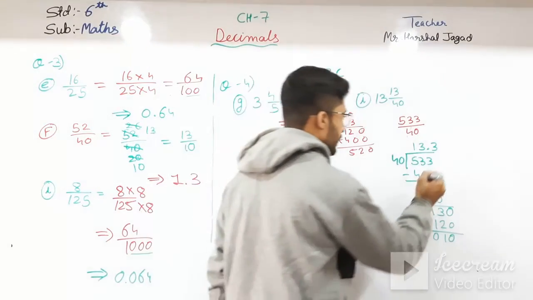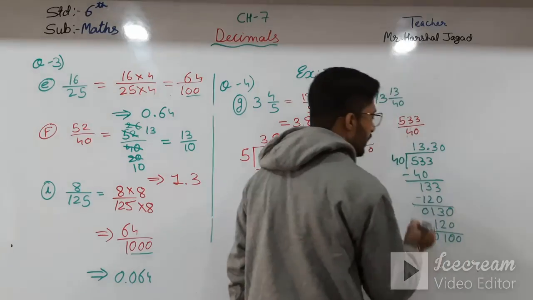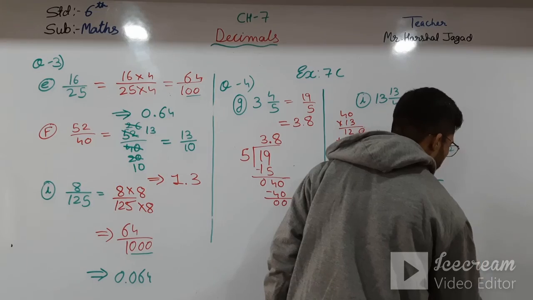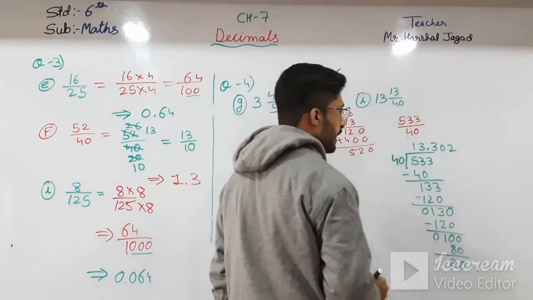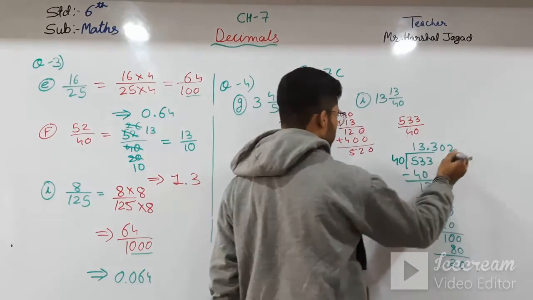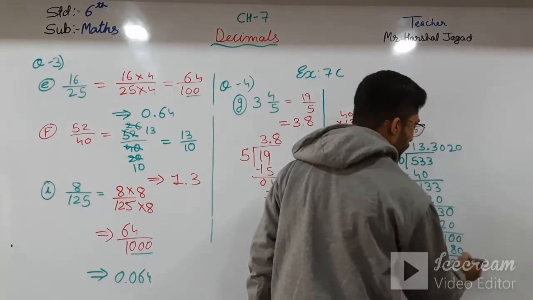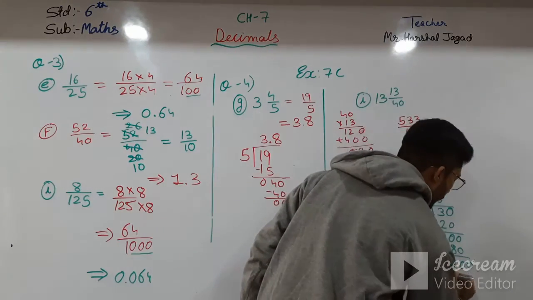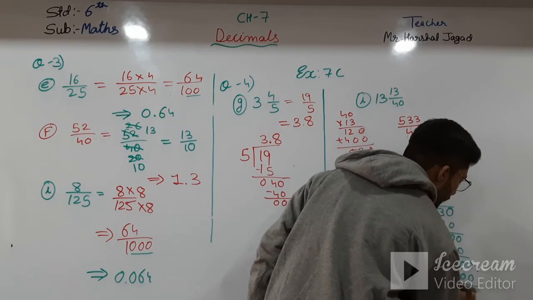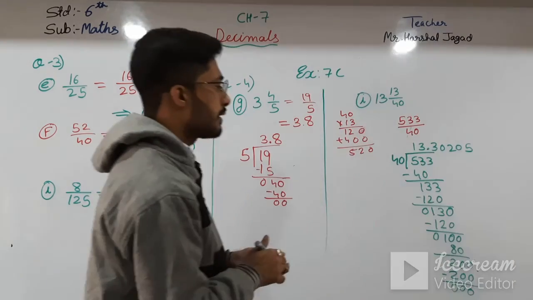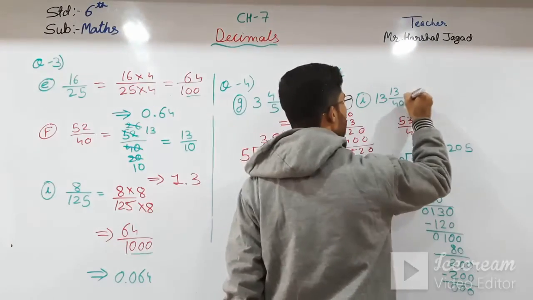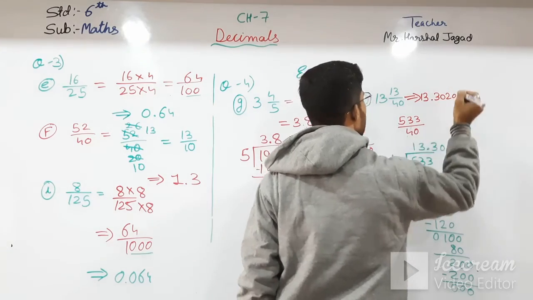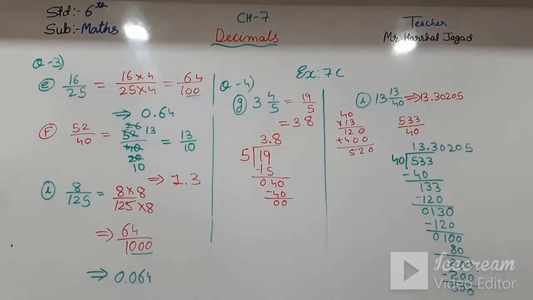Then again if I put a 0, here will be 100, 4 2s are 80, then your answer will be 20. Then again if I put a 0 over here, 4 5s are 20, so 4 50s are 200, 0 0 0. Then this is our answer, that is 13.30205. Okay, so please note down this.